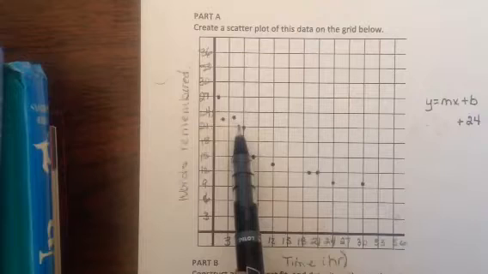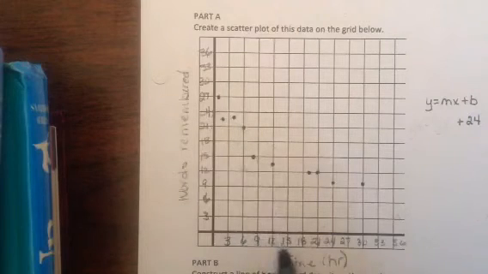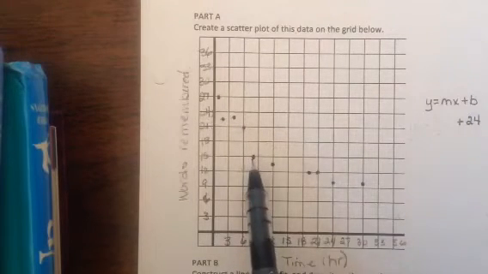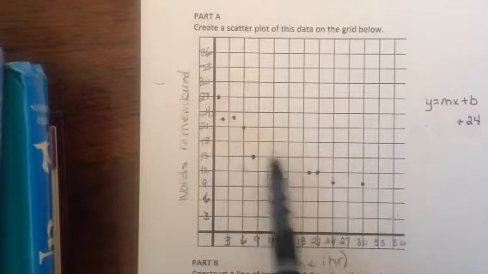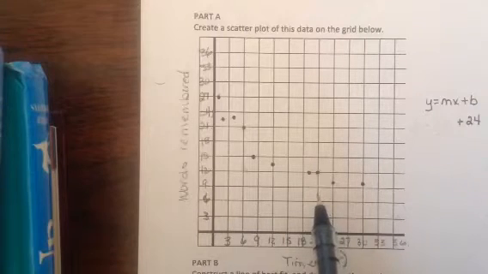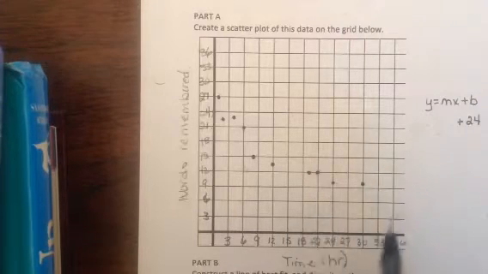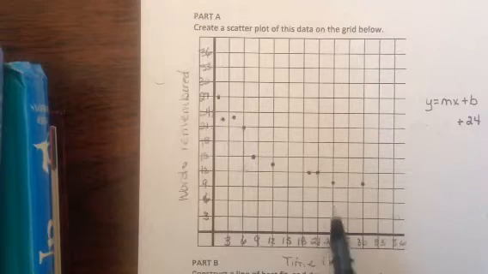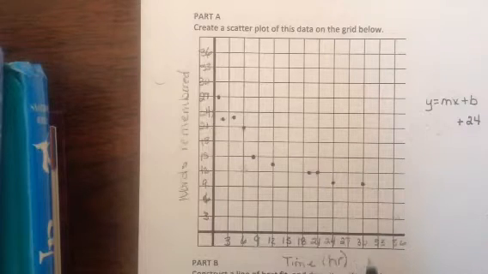And 8 hours, 15, so 8 is somewhere here. In 12 hours, 14. In 20 hours, somewhere here, she remembered 12. In 24, she remembered 10. And in 30, she remembered 10, right?